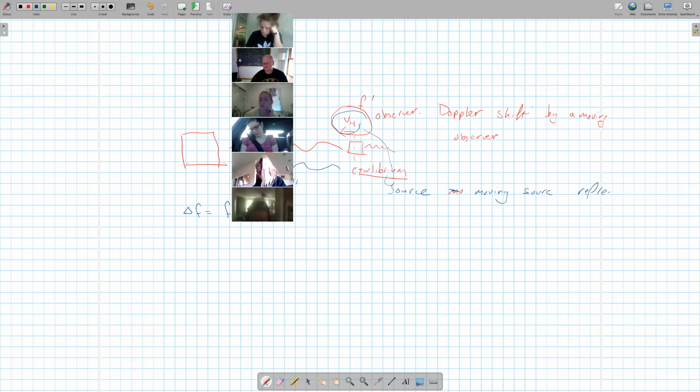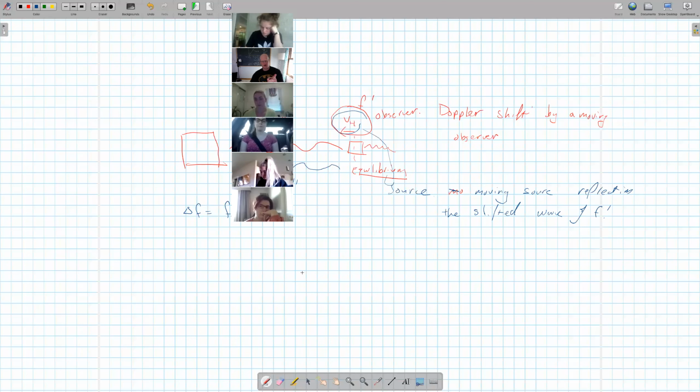Reflecting the shifted wave of F prime, okay? So basically the heart is doing two Doppler shifts. It has an initial Doppler shift due to the fact that the wave is coming in and the heart is moving.